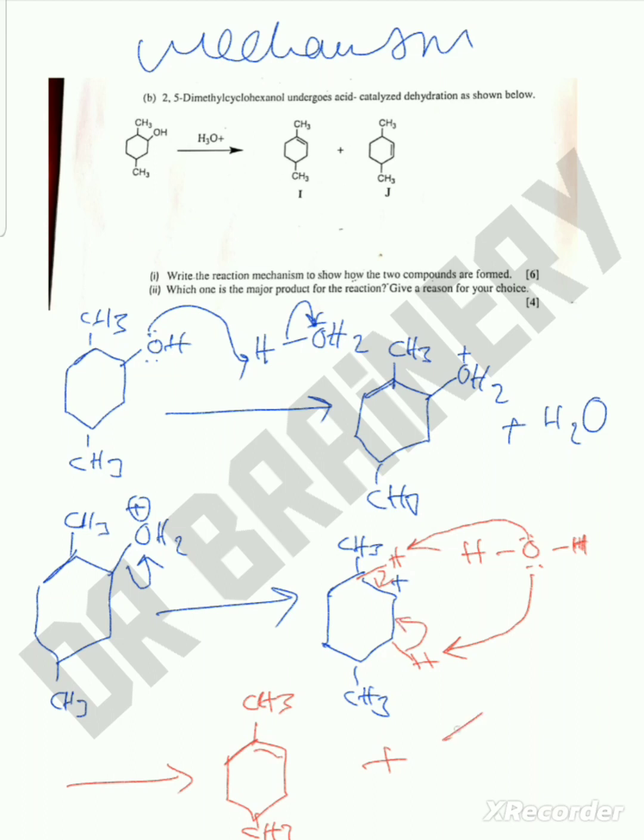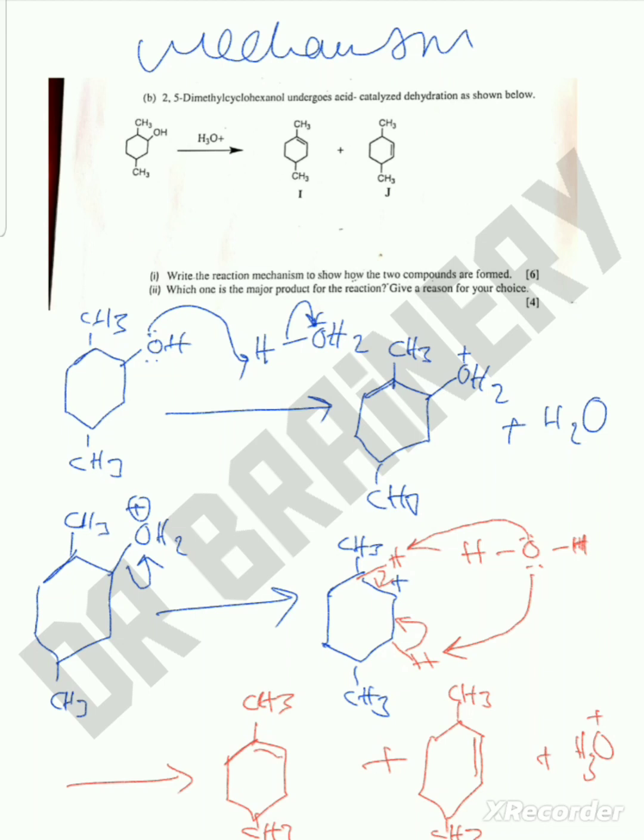So I'm going to have something like this. Here there is CH3, then the double bond will be created here, like this. When water grabs the hydrogen, you're going to have an acid like this. That's what you're going to have at the end of the day. So this is how we are supposed to write a mechanism for this question.